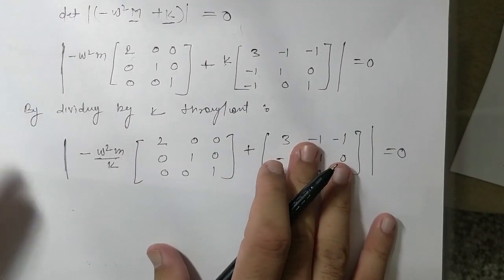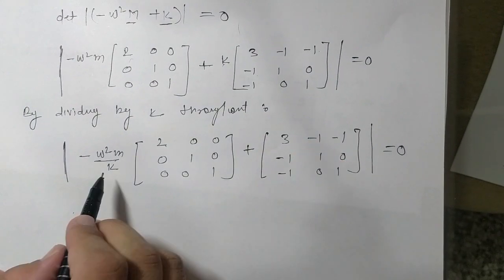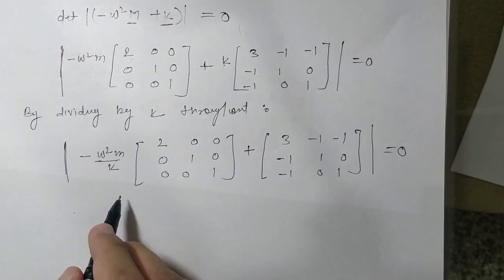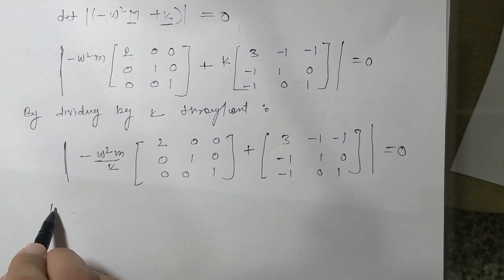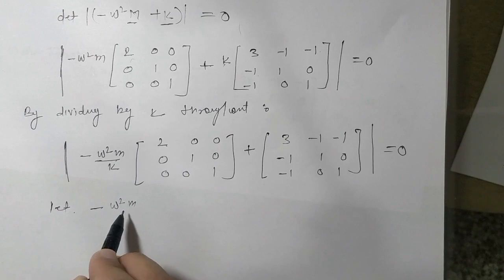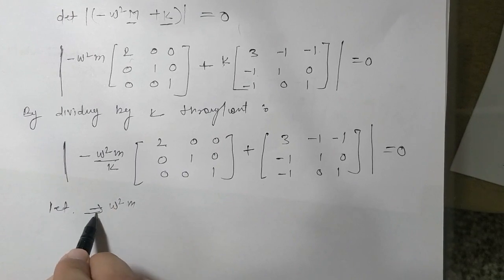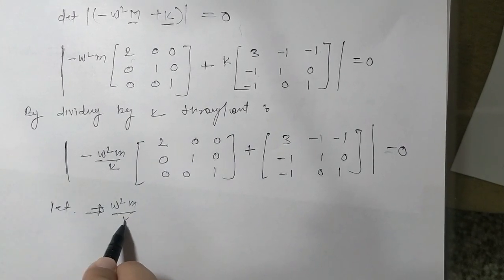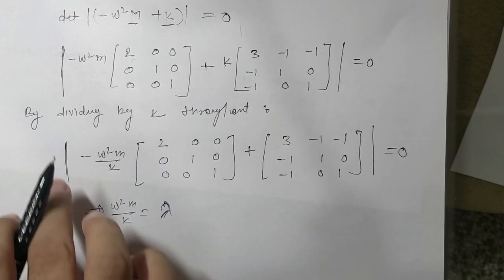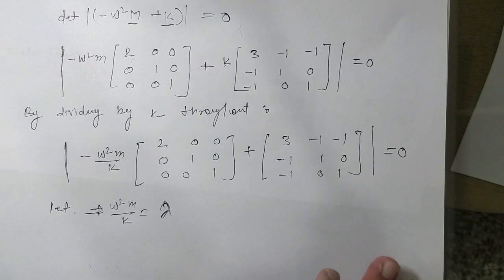So from here onwards, this is a constant. Let omega square m divided by k be equal to lambda. We introduce a new constant just to make it convenient to write.